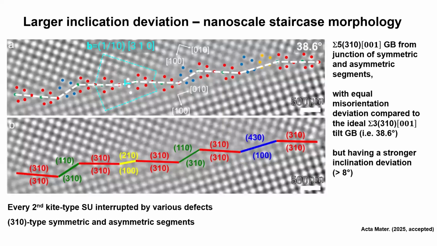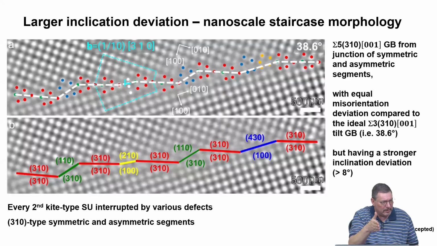If you take the dislocation description for the grain boundary, you would have a more defected grain boundary structure, even though you have less deviation from ideal misorientation, but more inclination deviation of the grain boundary plane. So these two aspects need to be considered differently when you analyze your twin boundary structures, right? Misorientation deviation is one thing, but also the inclination deviation from the perfect boundary plane normal.